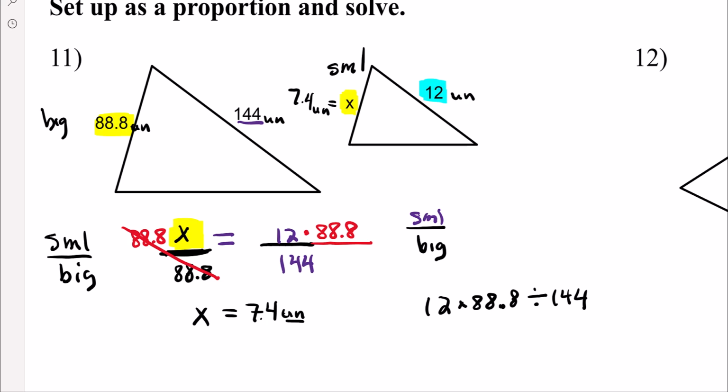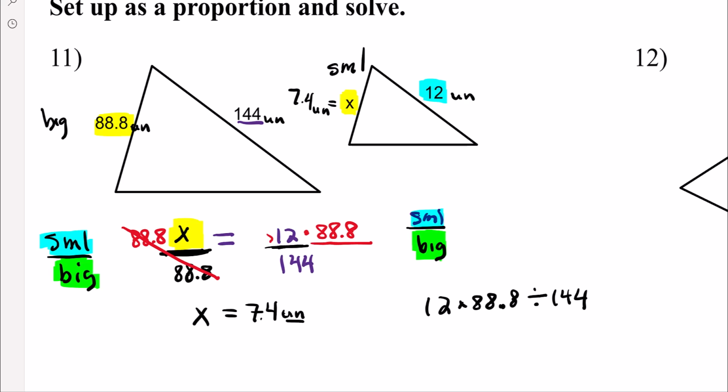I'm telling you, this labeling is going to save you, because the error that students make is that when you go to set up the second proportion, you flip the sides because you don't know which one goes where.